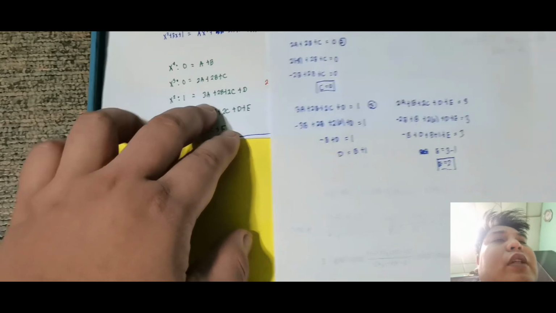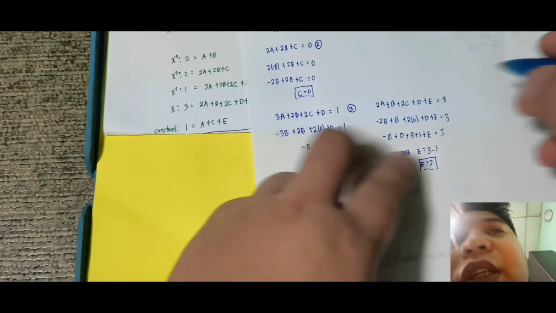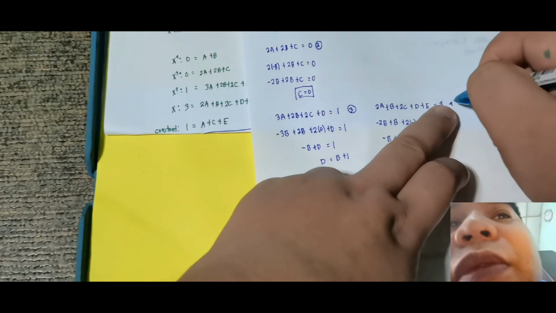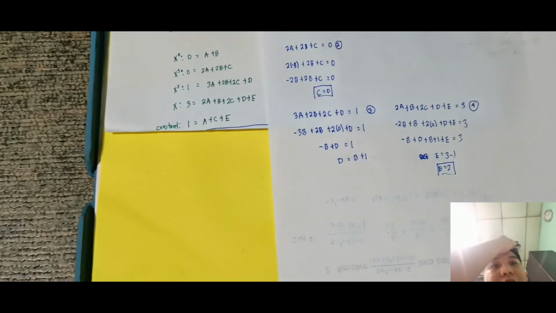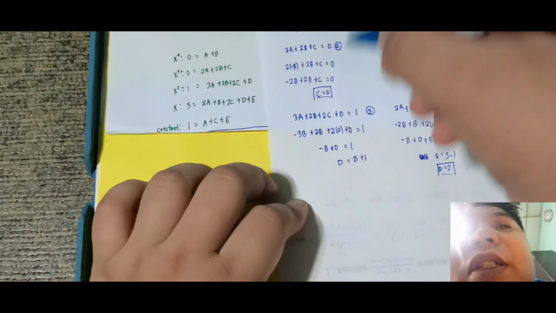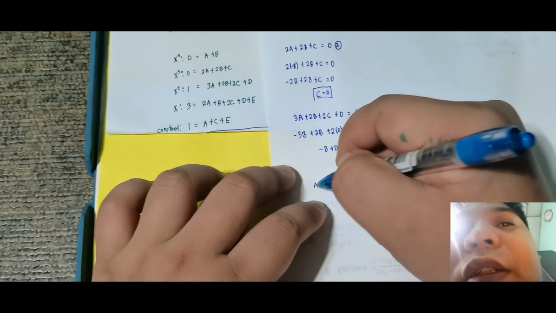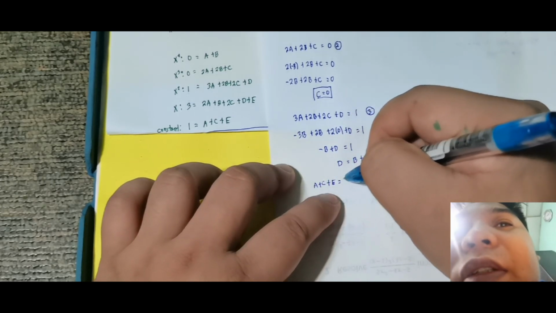Okay. So, next is, kunin natin yung value ng equation number 5. A plus C plus E is equal to 1.